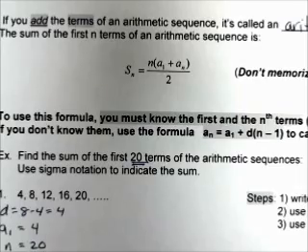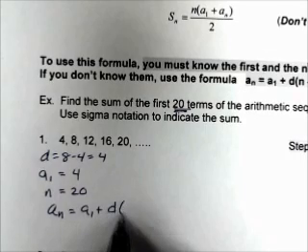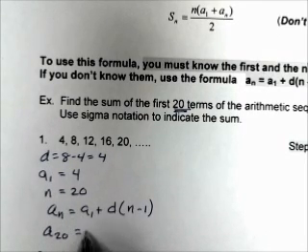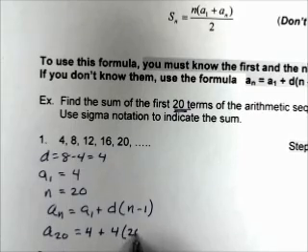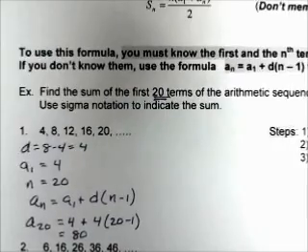We use the formula that a sub n equals a1 plus d times n minus 1. And we want the 20th term. What's its value? Substituting our values for a1 and our value for d, and 20 in for n. All right, so this is 4 times 19, which is 76, plus 4 is 80. So our 20th term is 80.